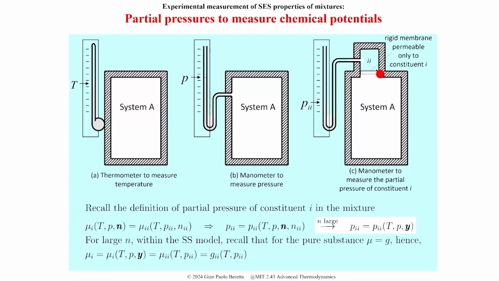Once you have identified a membrane like that, you just wait for mutual equilibrium to occur, and then measure this partial pressure.